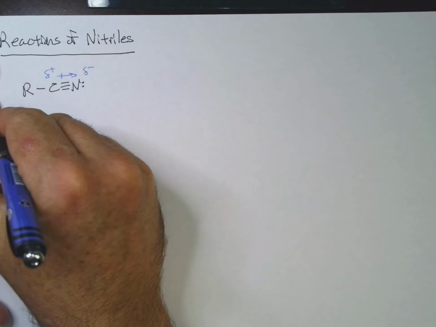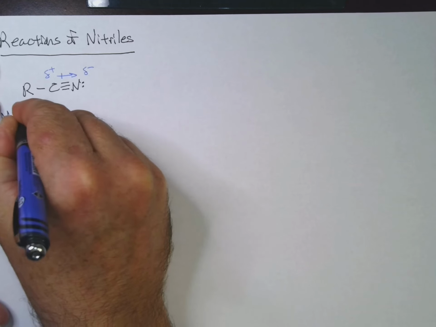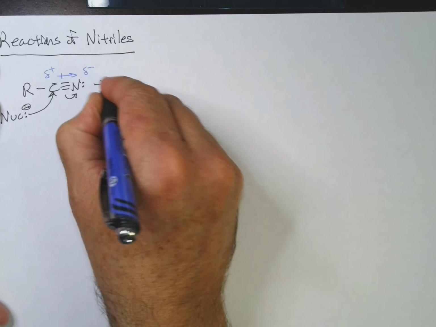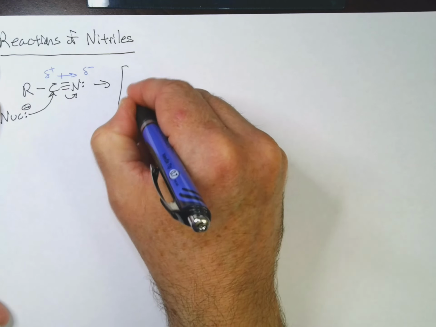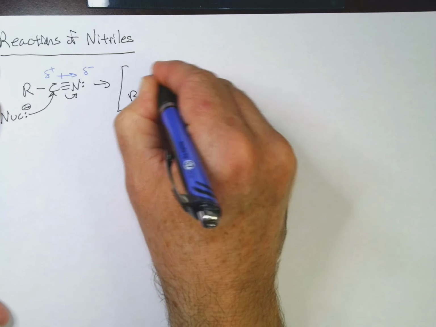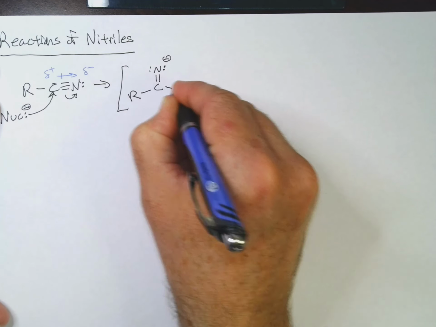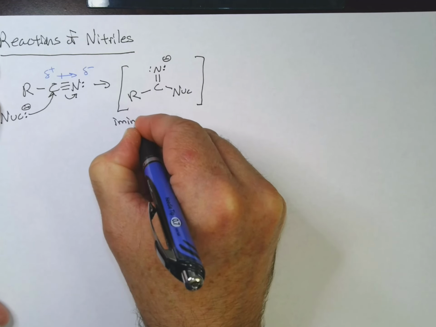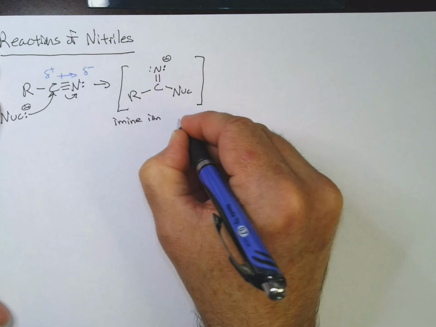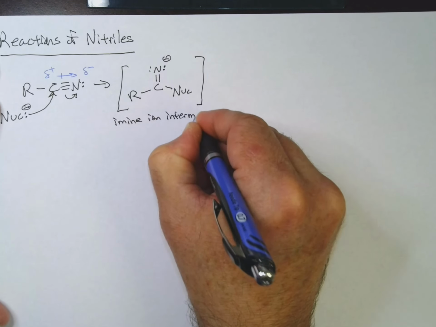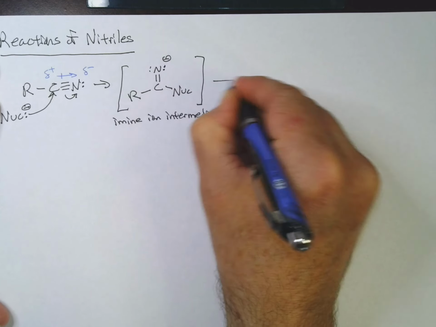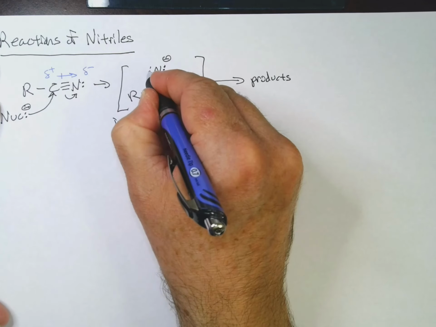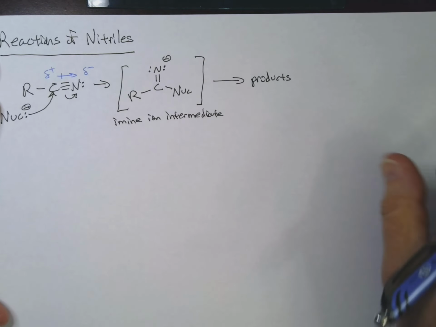So we could have some nucleophile, let's call that nuc minus, add in, and that will give us some kind of intermediate. This is called an imine ion intermediate. And then that could react further to give us products. So it may grab a proton or something.